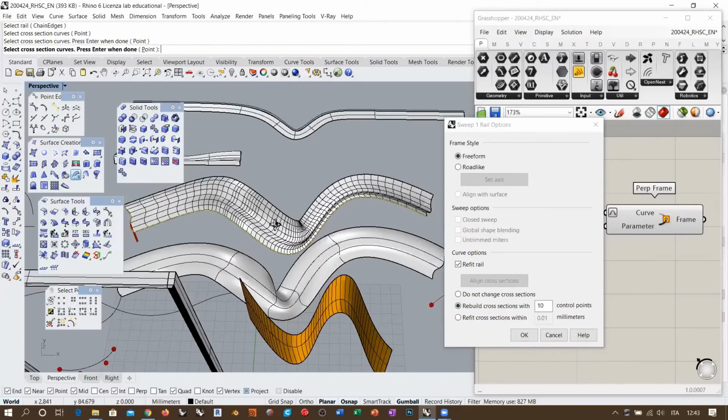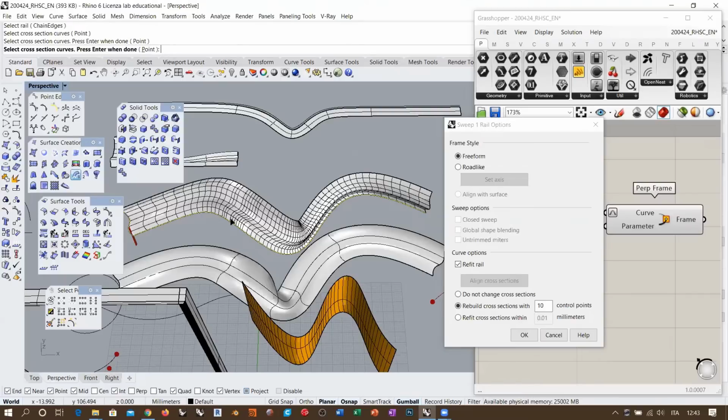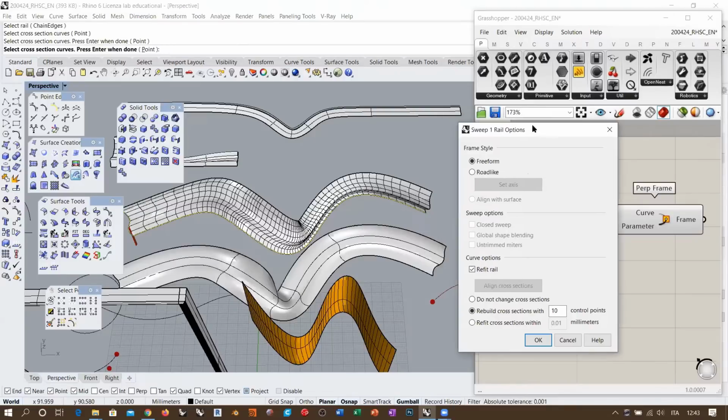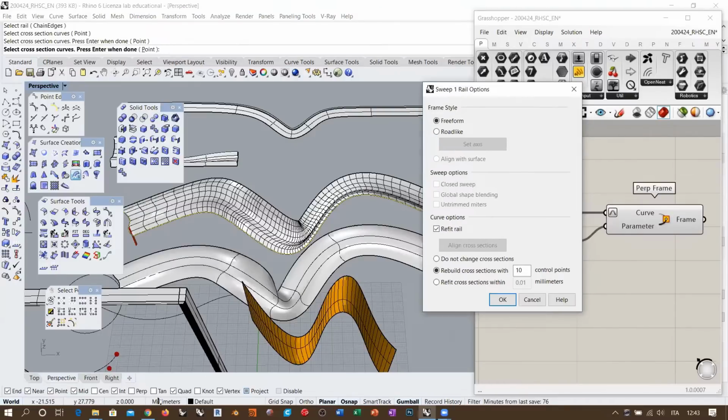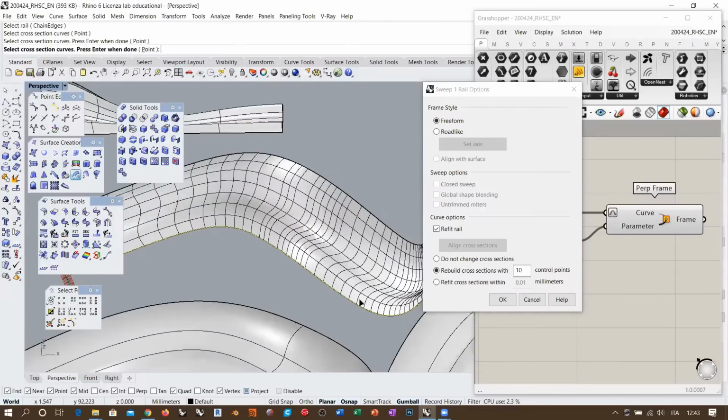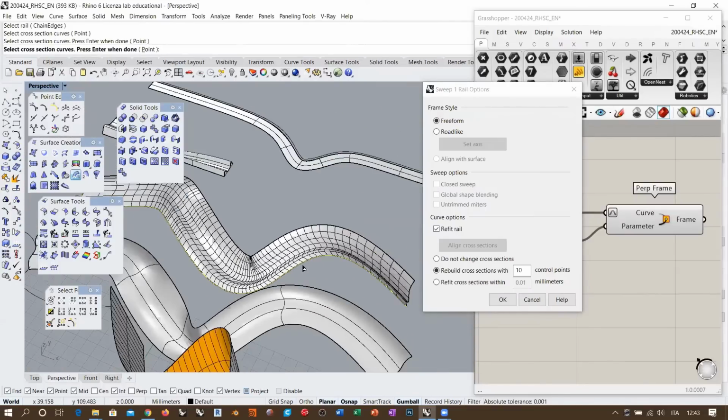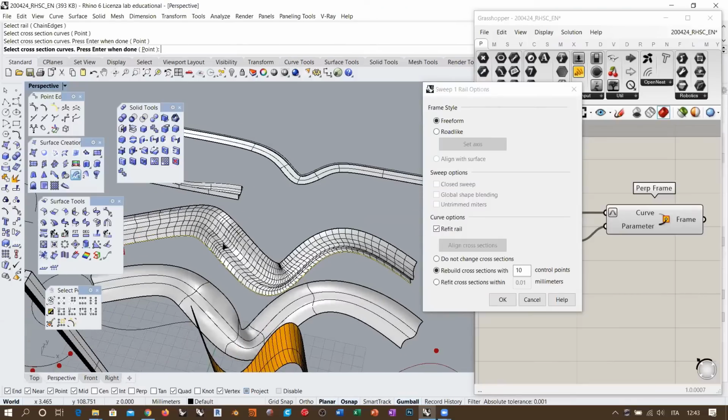The effect is basically having a refit. When you refit something, like in this case, and you have no control over the fitting tolerance, it means that the command is working using the absolute tolerance of your document, which was 0.001, 1 micron. That's why you get this kind of density of knot lines, because you have a huge amount of control points in this refitting.